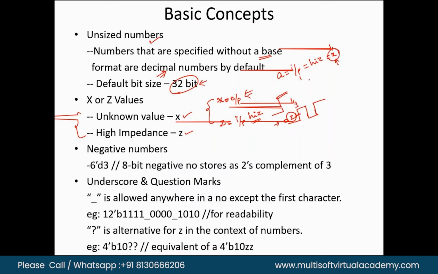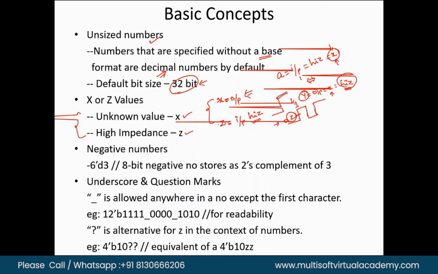So there is a mismatch in the connection, or a mistake in the code. The vice versa is also possible. Y is my output and it should be X, but if the simulator is showing it as HIZ, that is also wrong.